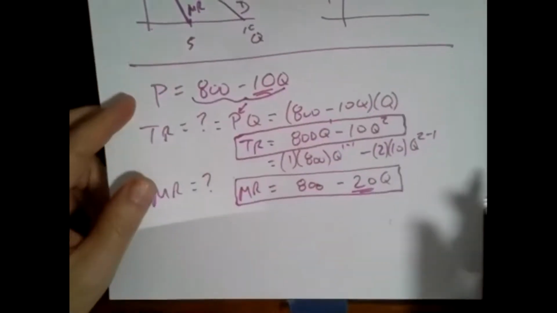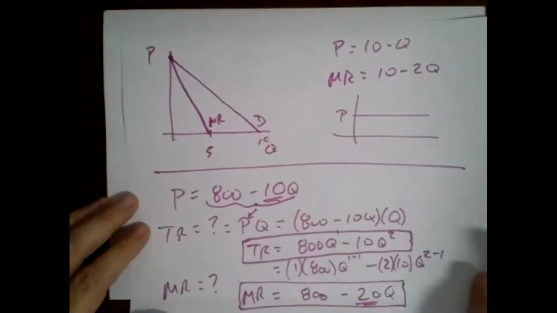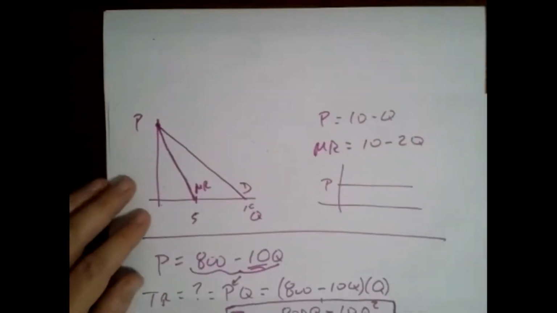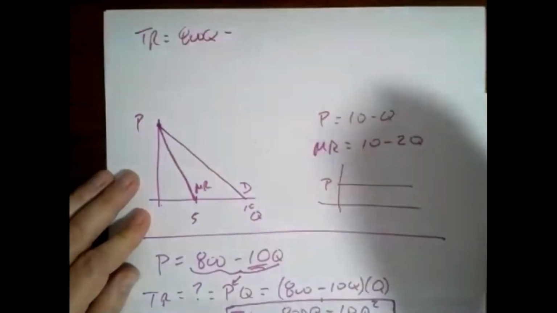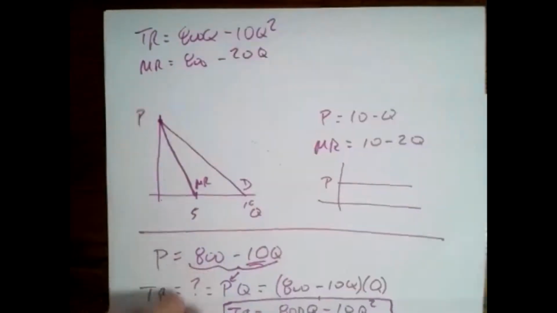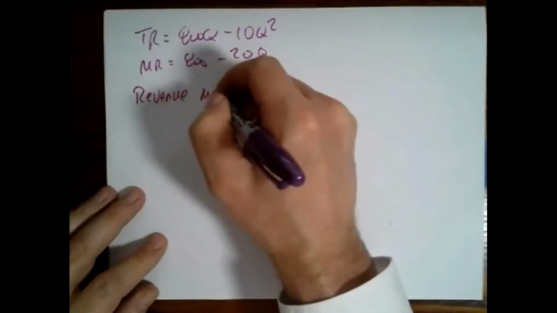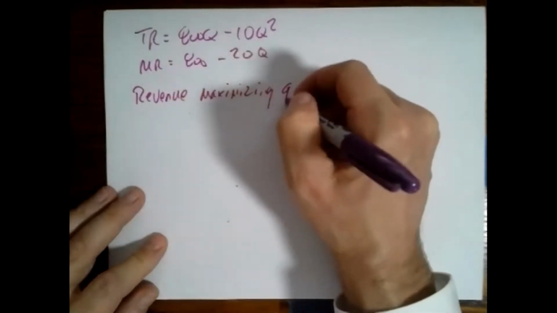All right. So with this 800 minus 20Q marginal revenue, if TR, I'll write this out to be neat, is 800Q minus 10Q squared, and MR is equal to 800 minus 20Q, then what is the revenue maximizing quantity?